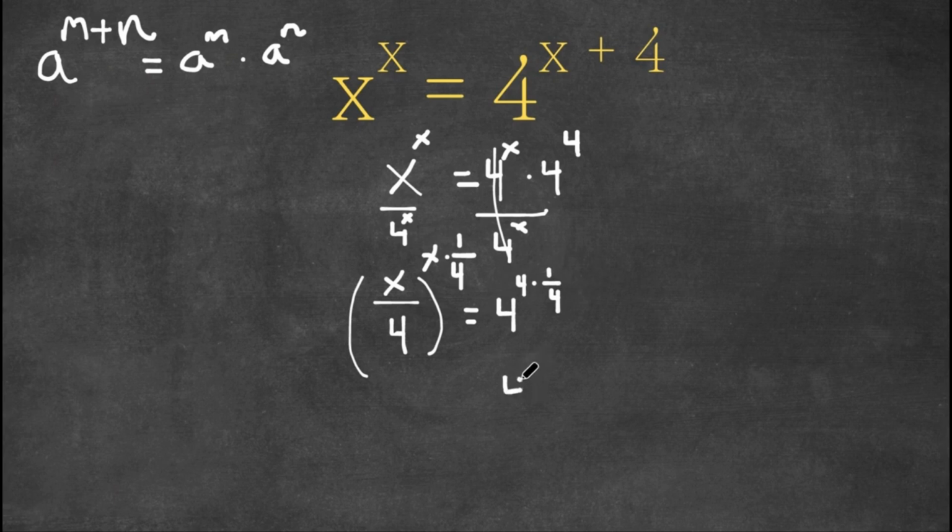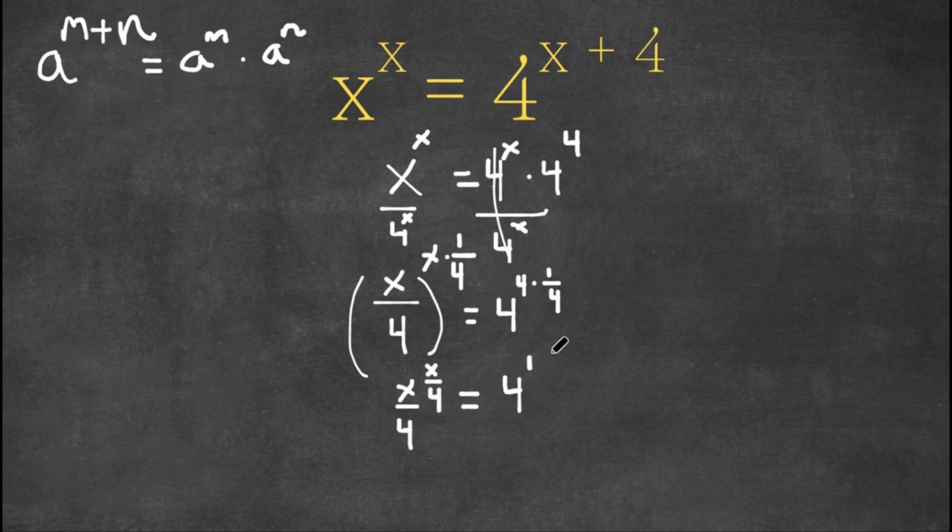So you have 4 to the power of 1 equals x times 1/4 is just x over 4. So we have x over 4 to the power of x over 4.